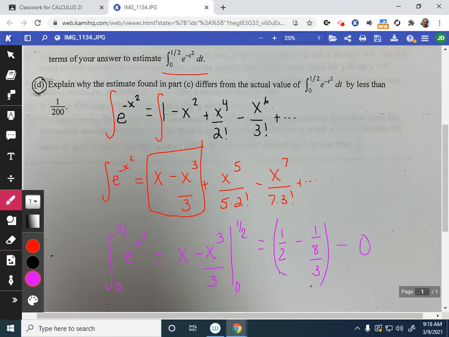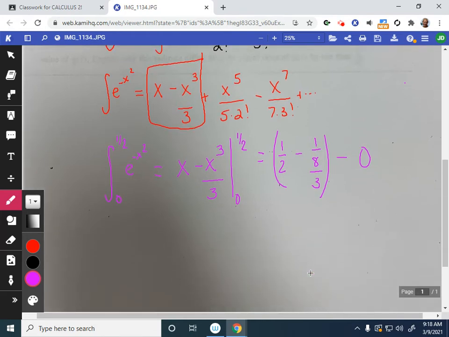So we're going to have 1/2 minus 1/24. This will become 12/24 minus 1/24, 11/24ths. Boom. 1 point for that.